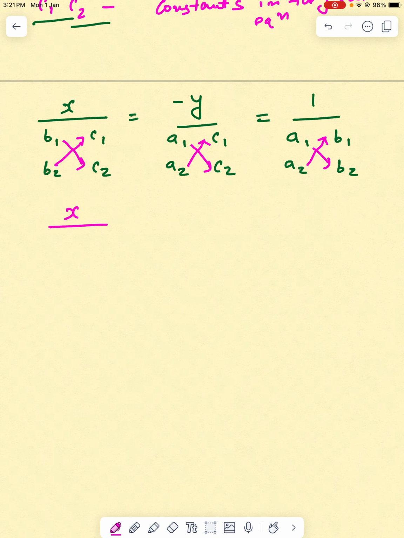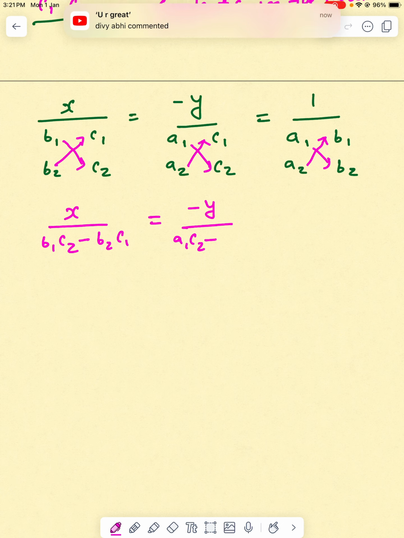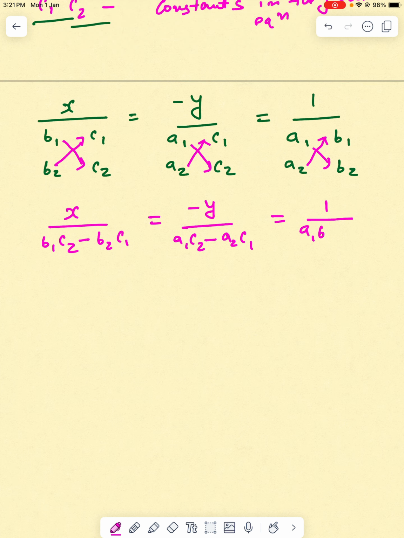That is b1 multiplied by c2 is b1 c2, minus b2 c1. Similarly, write minus y upon a1 c2 minus a2 c1, equals 1 upon a1 b2 minus a2 b1.